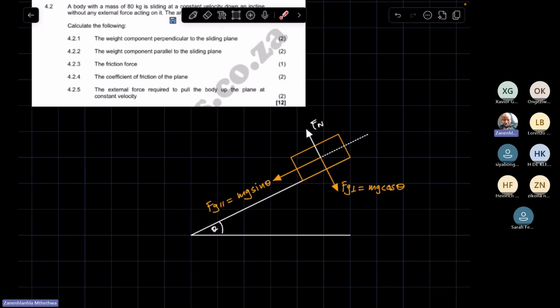So when you've been given a scenario where the object is sliding down the incline without any external force, that suggests that the angle of incline is such that the object is able to slide down on its own because of the gravitational component that is parallel to the plane.